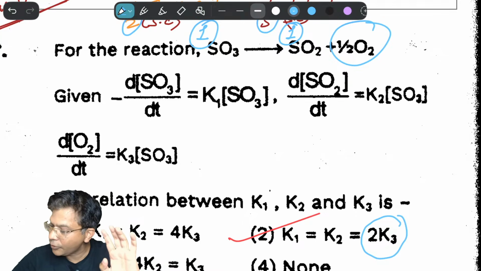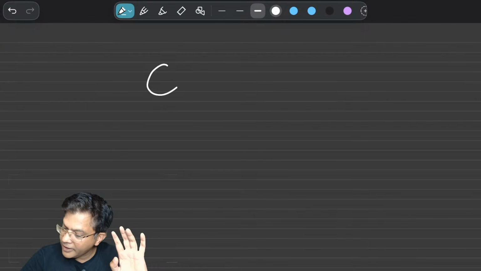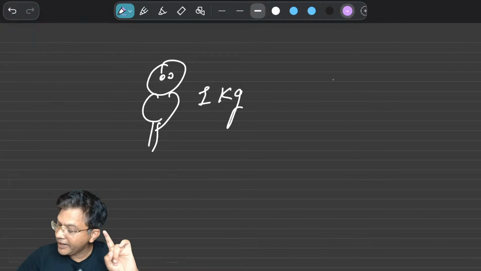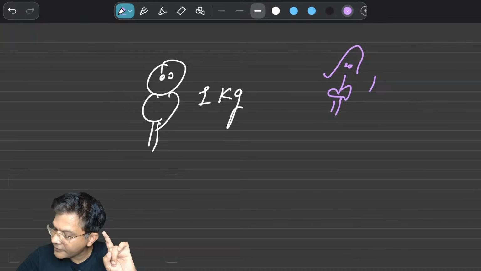Let's see the story. If I say the weight of Pandu is 1 kg, and the weight of Alia is half kg, right? Just try to understand.